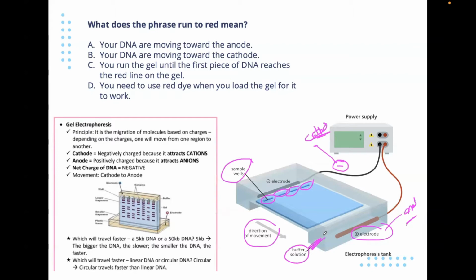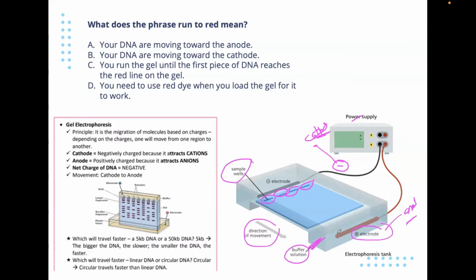So the main job of your buffer is to protect the samples that are migrating towards your positive electrode. Again, this is the power supply, the negative electrode or cathode, the positive electrode or anode, and then your buffer solution.